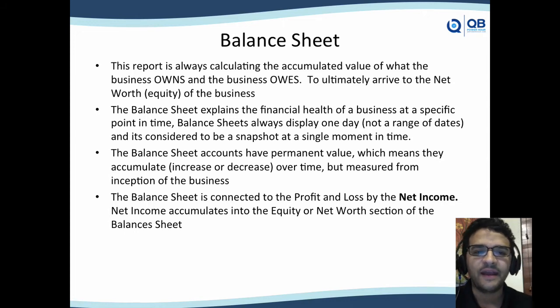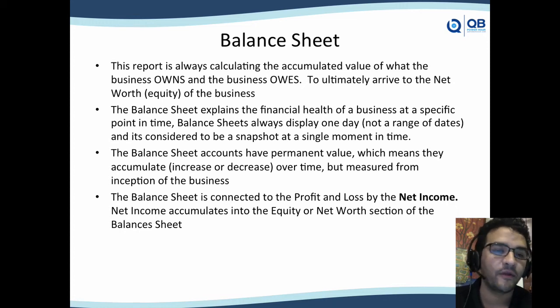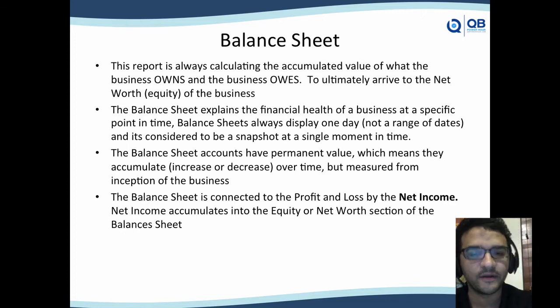In other words, everything the business claims to own, versus everything that other third parties claim against the business, or what the business owes, is ultimately the purpose of the balance sheet. Now, we want to ultimately arrive at the net worth or the equity. So we have the assets, which is what the business owns, and the liabilities, what the business owes, and the difference between the two would be the net worth or the equity.